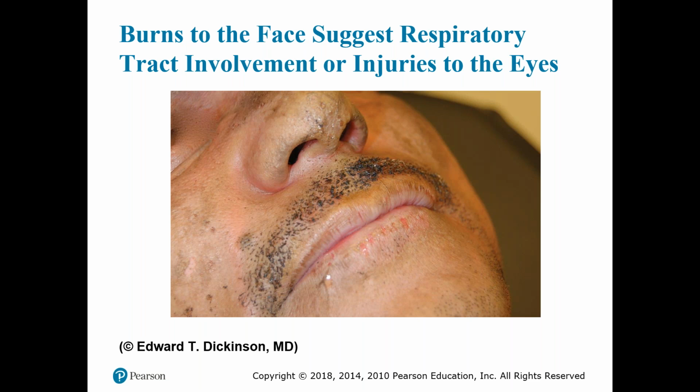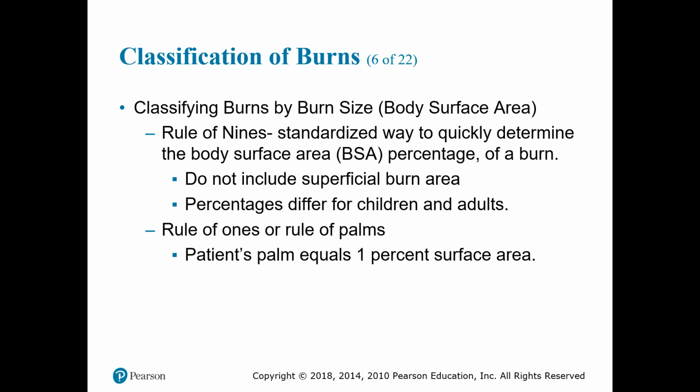So when we see a cinching of the hair around the face and the eyes, be mindful of what that's actually going to do to the respiratory system. When we're looking at burn size, we talked a lot about the percentage. So there's a rule of 9s and then a rule of 1s, or the rule of palms. The rule of 9s is a quick assessment as far as what the percentage is, and we're going to see a picture here within the next couple of slides.